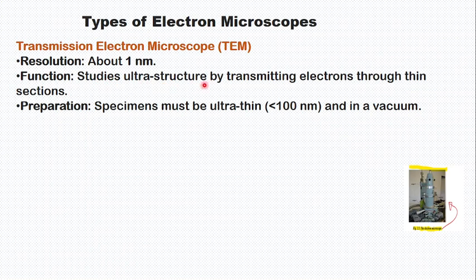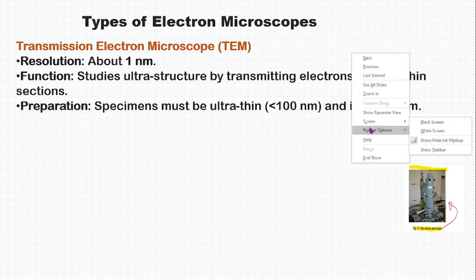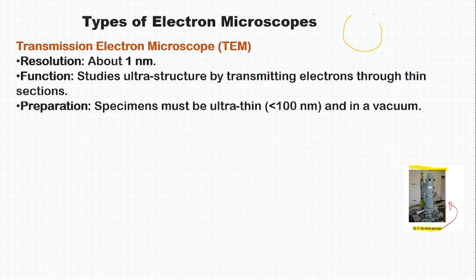When we say ultrastructure, it is structure produced by electron microscopy, by transmitting electrons through a thin section. If this one is your sample, as the name says, transmitting, the electrons are going to transmit. Now you're going to get the image. I hope you are understanding the things.